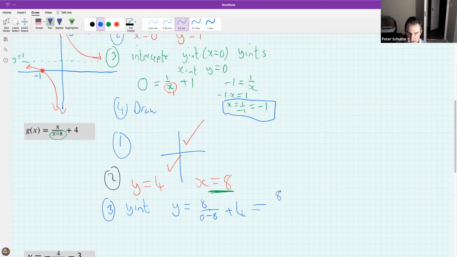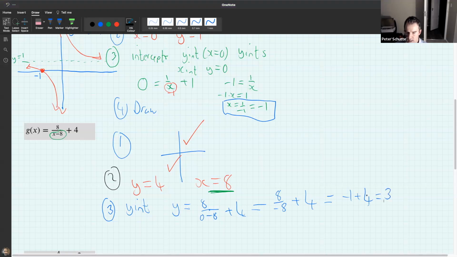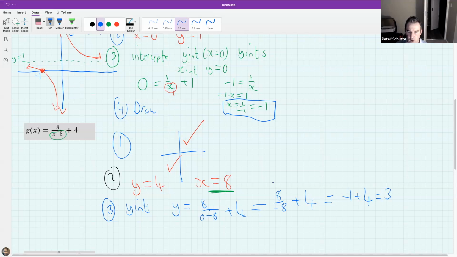So we have 8 over minus 8 plus 4, which is minus 1 plus 4, which is 3. Okay, so we seem to have 3 for my y-intercept.